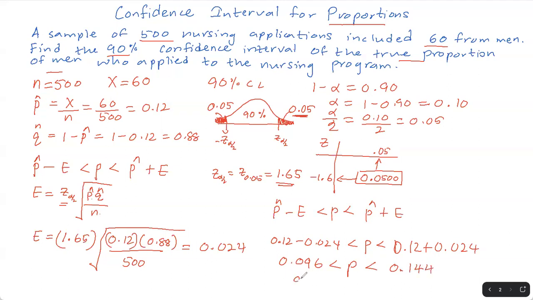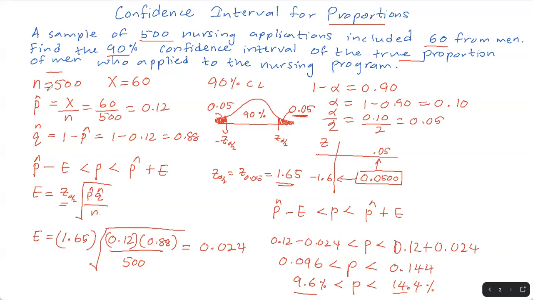As a percentage, this is 9.6% less than P less than 14.4%. So now we are 90% confident that the percentage of applicants who are men is between 9.6% and 14.4%. So this is how we construct the confidence interval for proportions.